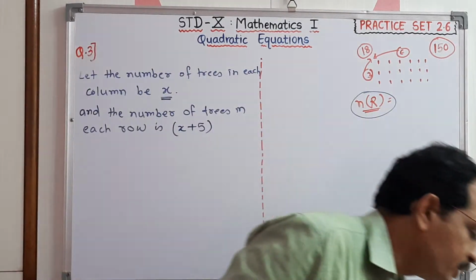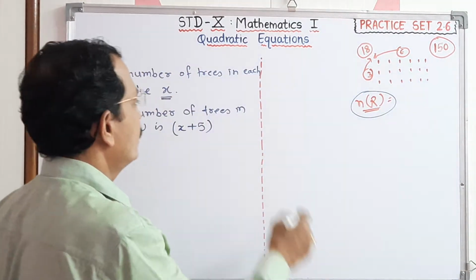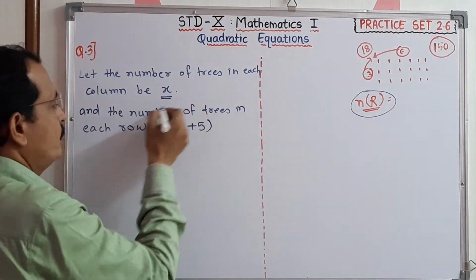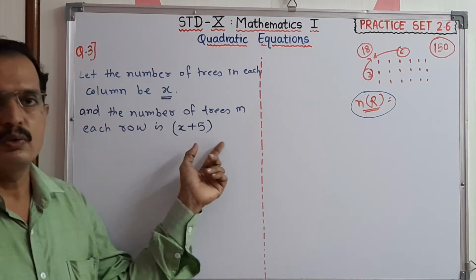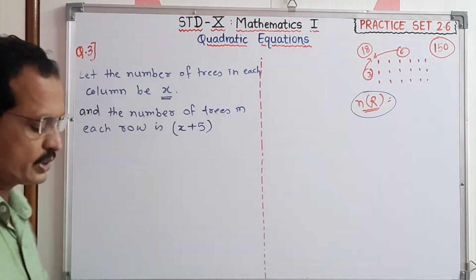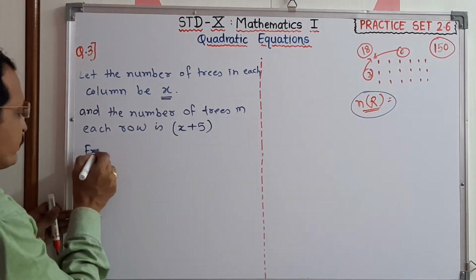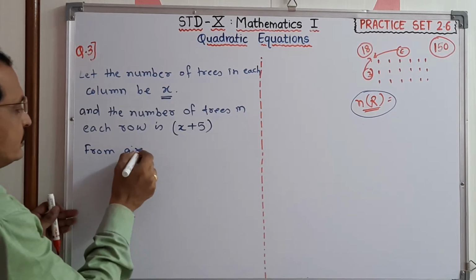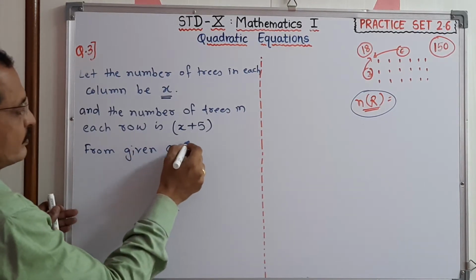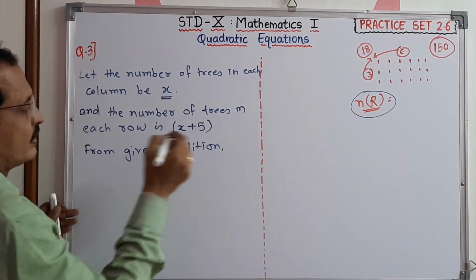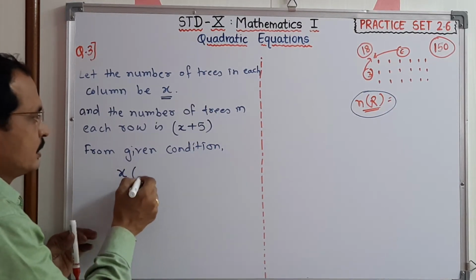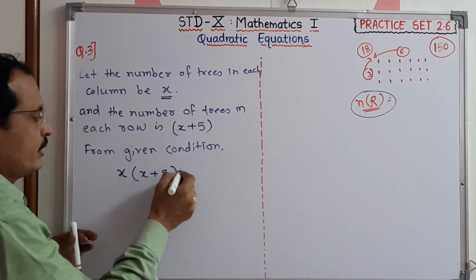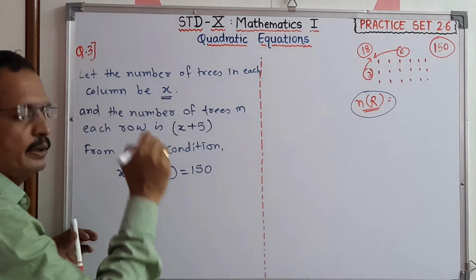Therefore, now dear student, we got the number of trees in a column and the number of trees in a row. We can make the equation. Therefore, from the given condition, the total number of trees is 150. It is x into x plus 5 is equal to 150.